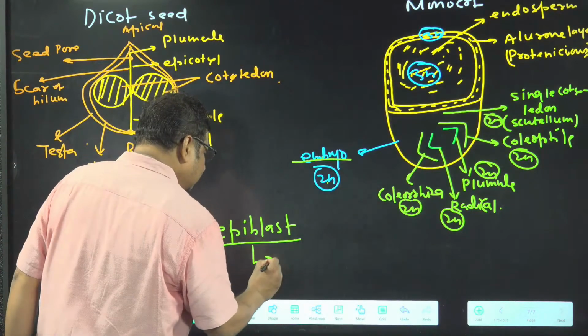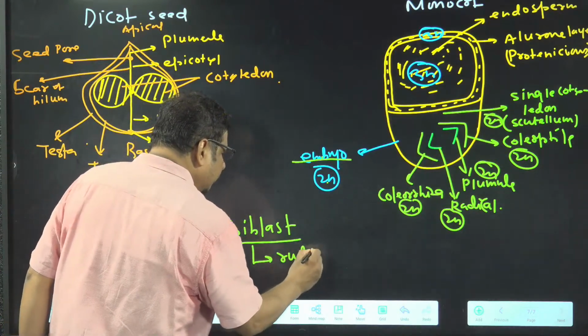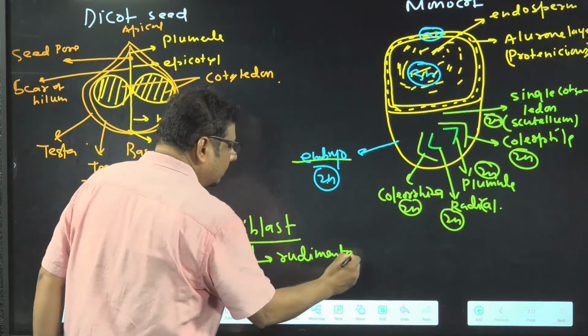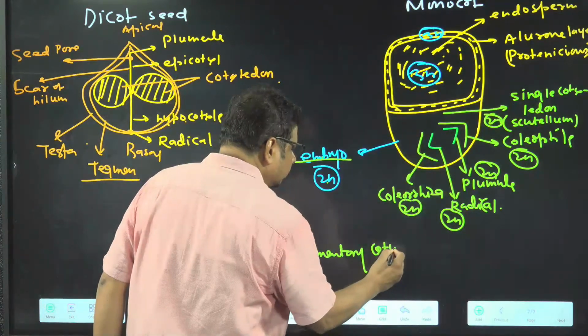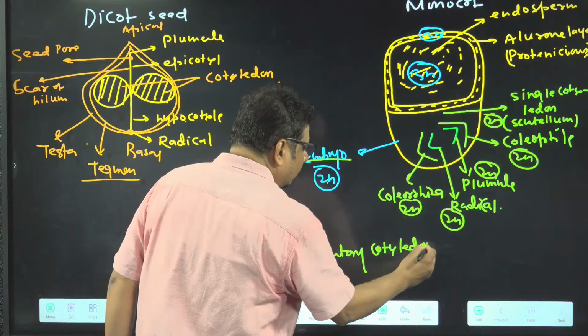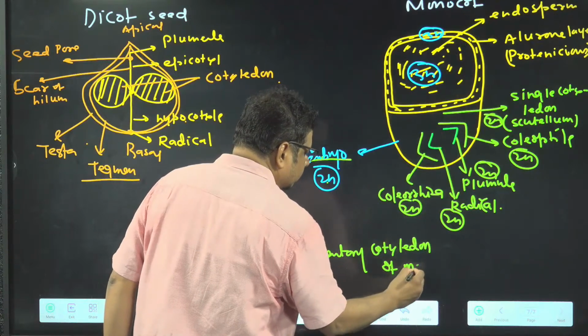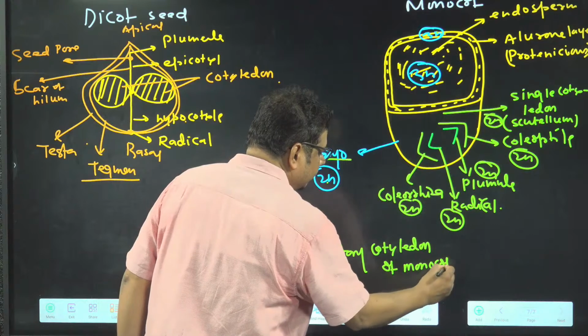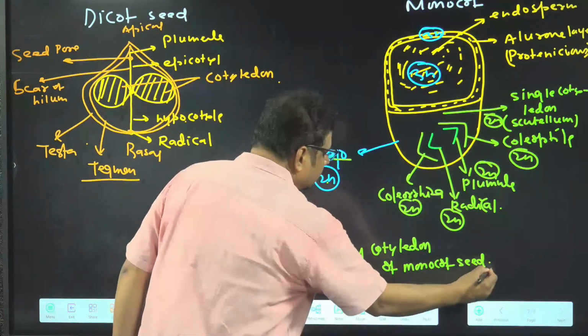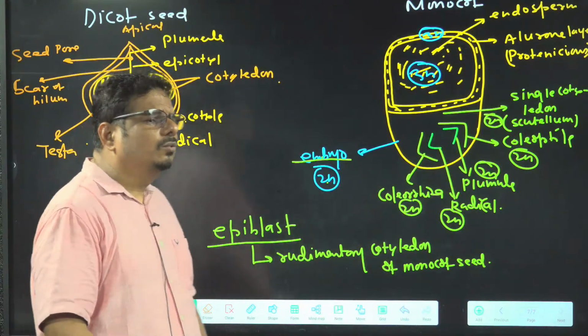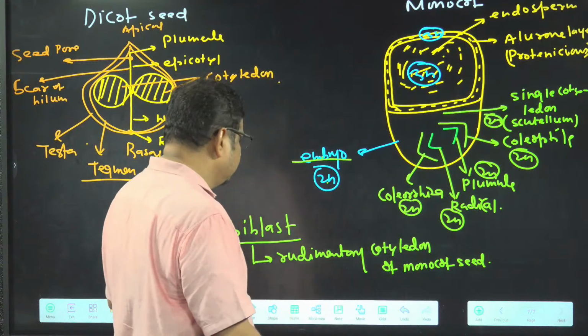Epiblast is the rudimentary cotyledon of monocot seed. Keep in your mind. So you can say in monocot, two types of cotyledons are there.